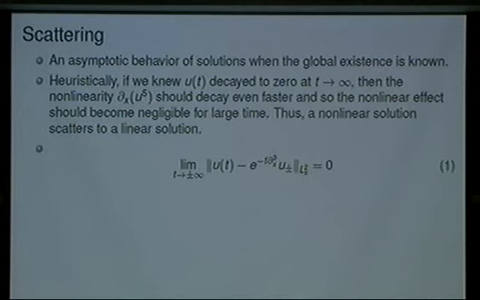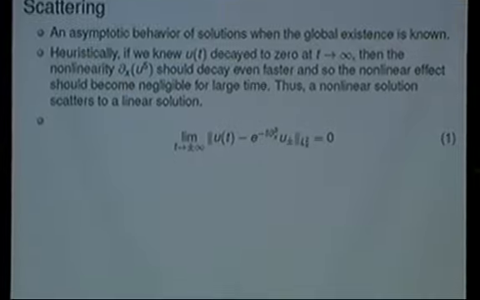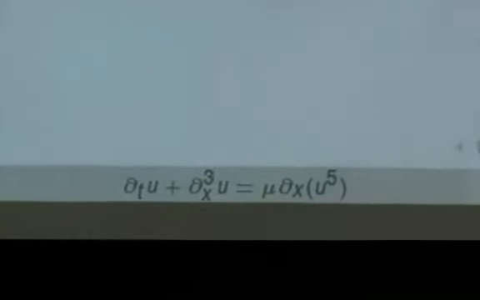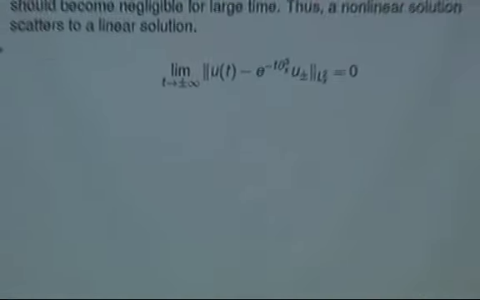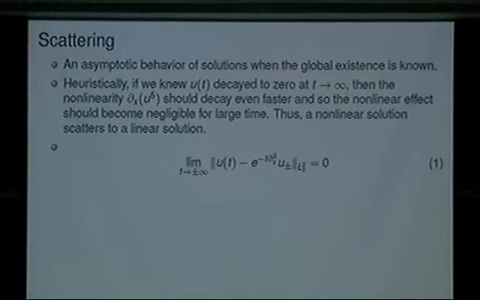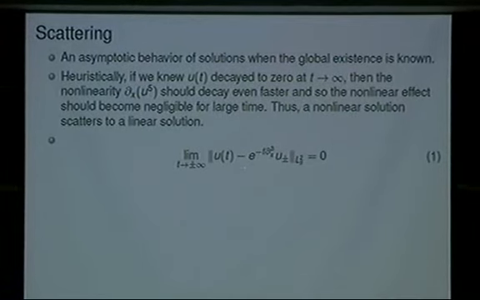So in the equation you can observe that the nonlinear term goes faster than the linear part, so the nonlinear term is much smaller than the linear part. As u goes to 0, the nonlinear term becomes negligible. So in that case, we can expect that the nonlinear solution almost solves the linear problem. So the nonlinear solution converges to some linear solution.